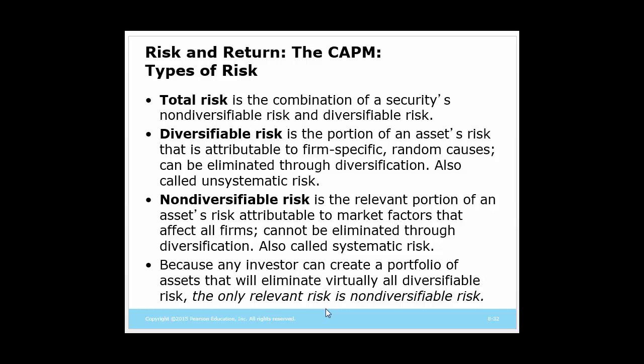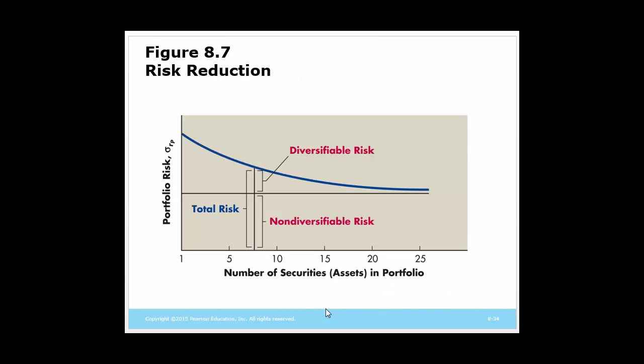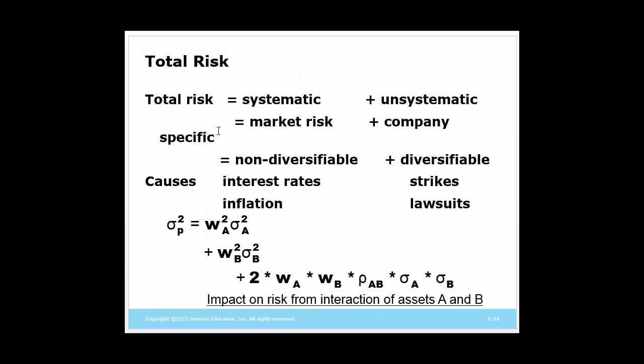So then you would be left with this market risk. So our formula basically says total risk is market risk plus company-specific risk, or the non-diversifiable plus the diversifiable. So what kinds of things create market risk?